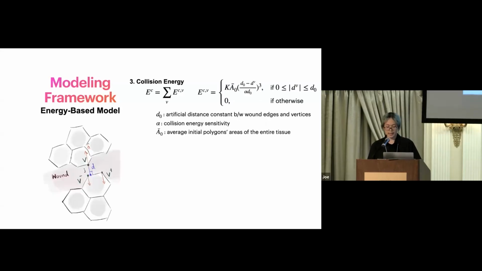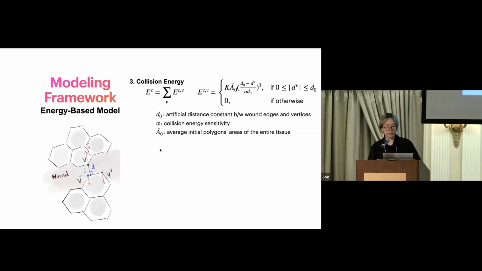All right, and lastly, I have what's called the correlation energy. We just want to avoid overlapping of the cells or unwanted collapse at the wound edges. So basically what we have here is we are looking at a vertex and checking whether it's getting too close to the wound edges or not.